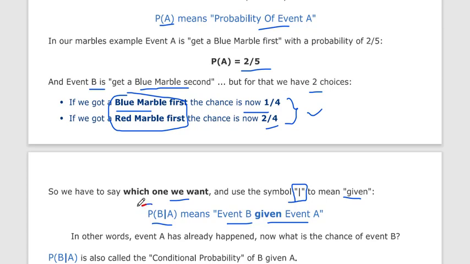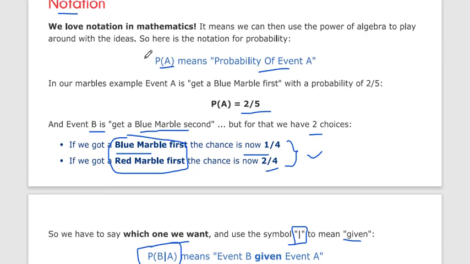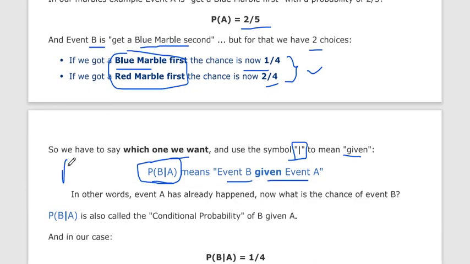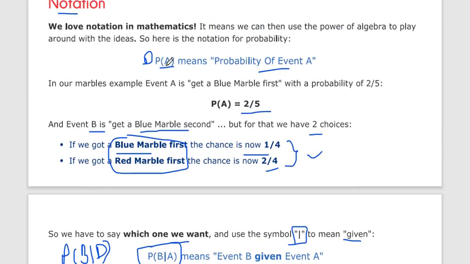So for a dependent event we have to write it depending on the previous event A. Let's say this event's name is D, then we write P of B given D, the probability of event B, but depending on event D. You can always give any name.